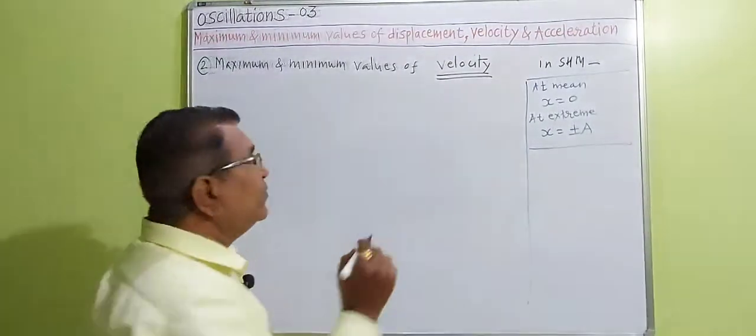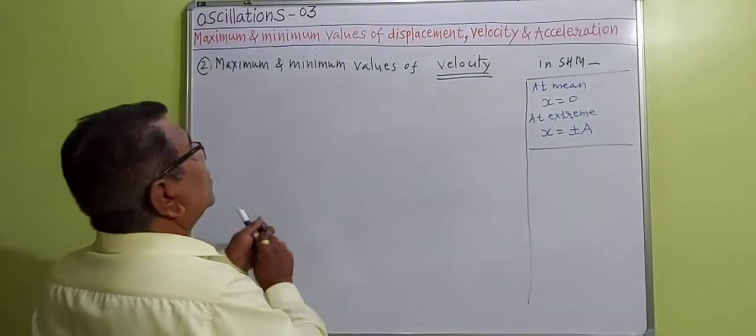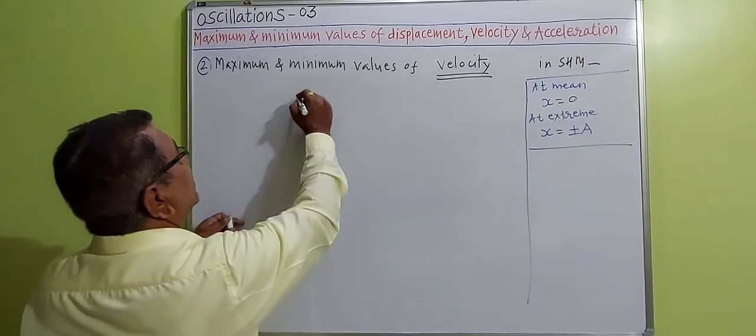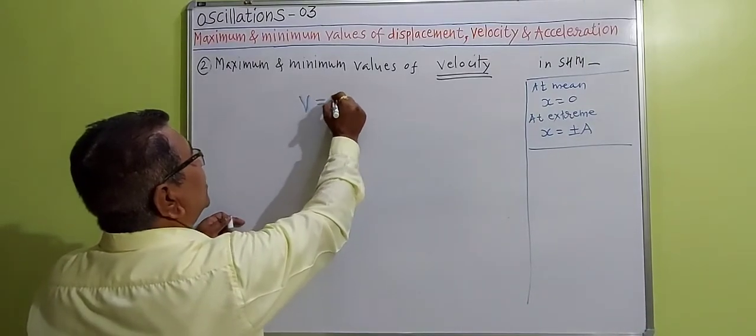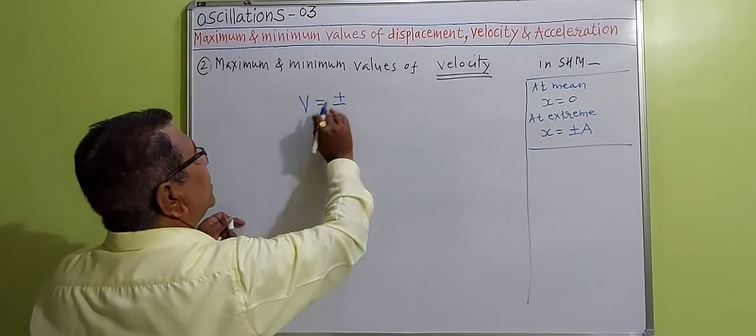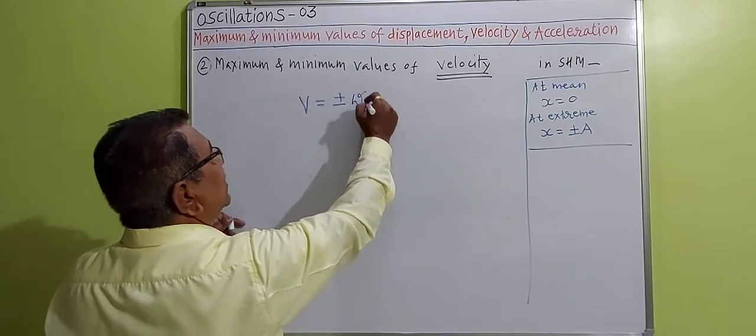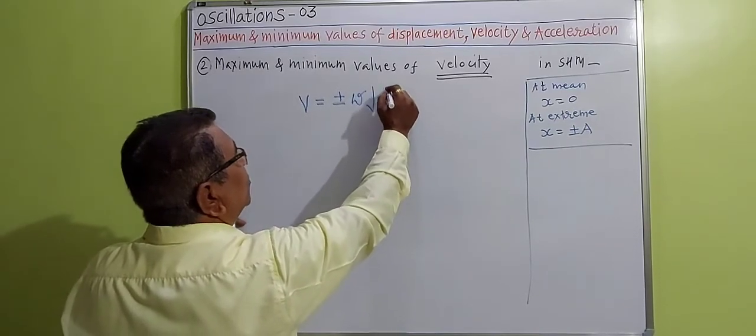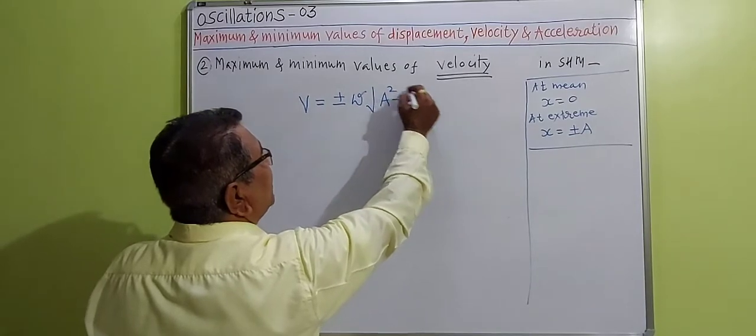So write down the formula of velocity. The general formula we know is V is equal to plus or minus omega square root of a square minus x square.